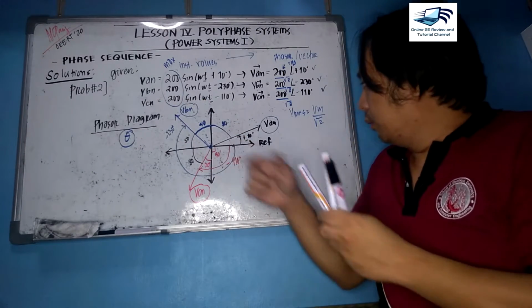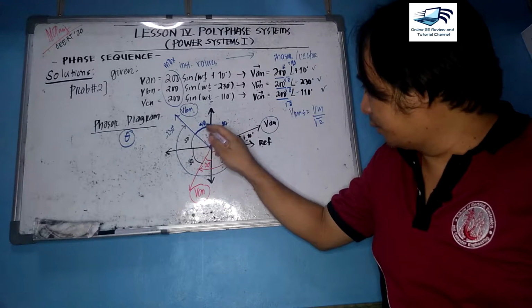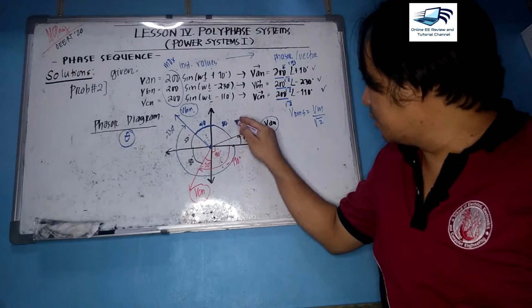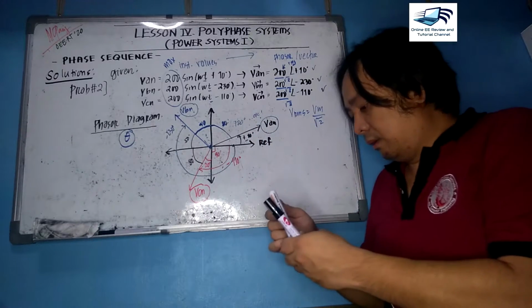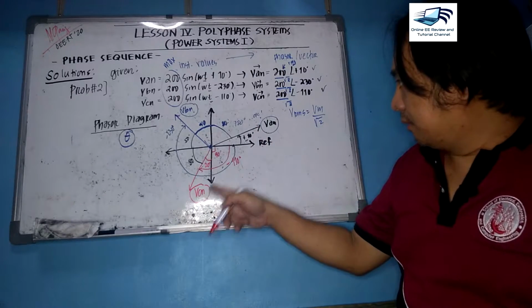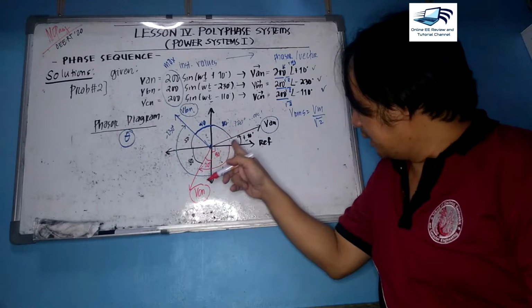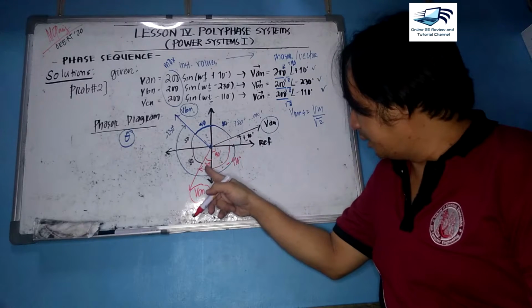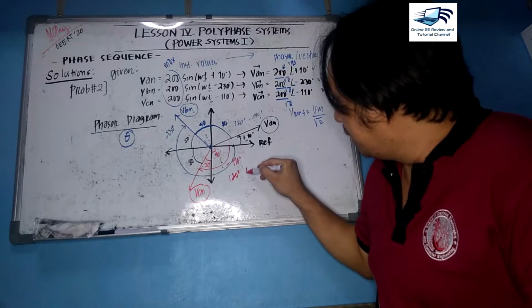So here, we already checked from VAN, this is 80 degrees, and this is 40 degrees. So thus, this is 120 degrees. And then, now, from VAN to VCN, that is VAN to VBN, rather. So from VAN to VCN, you have 10, you have 90, you have 20. So if you add it up, yes, this is 120 degrees.